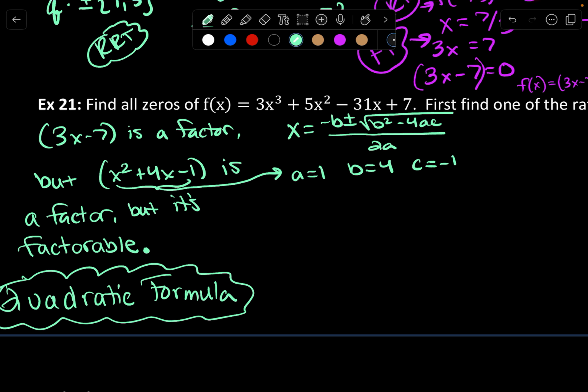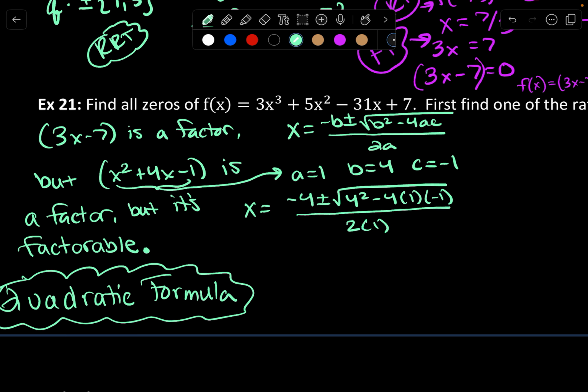Okay, so using this, our non-factorable trinomial, our a is equal to 1, b is equal to 4, c is equal to negative 1. So now we'll plug those into the quadratic formula. So we'll have negative 4 plus or minus the square root of 4 squared minus 4 times 1 times negative 1 all over 2 times 1.